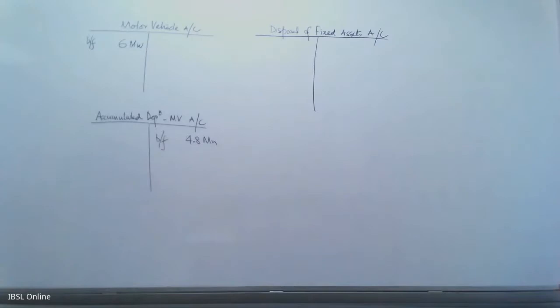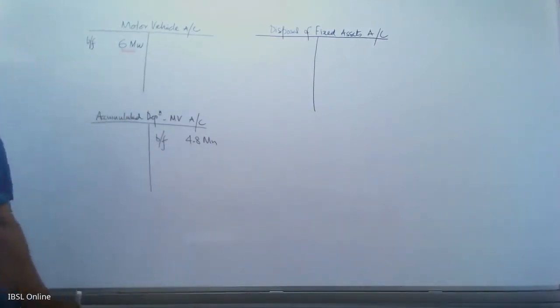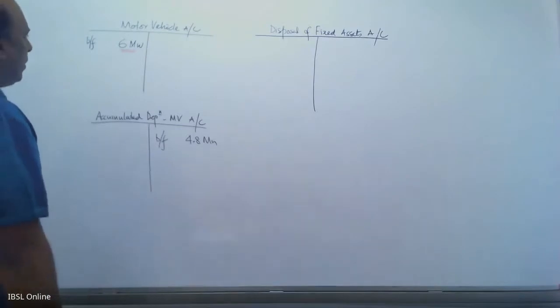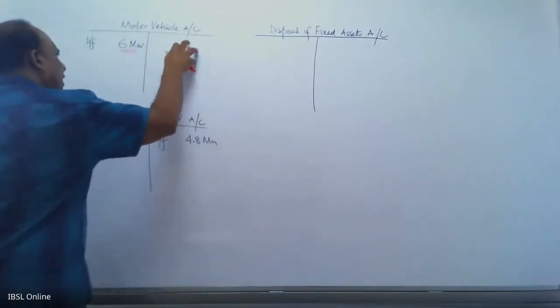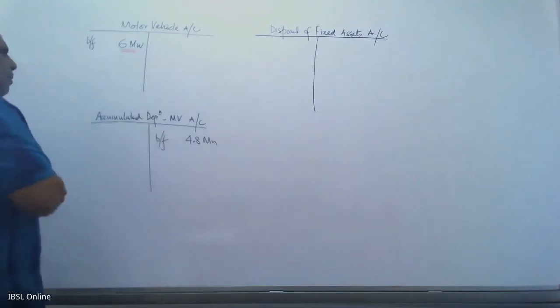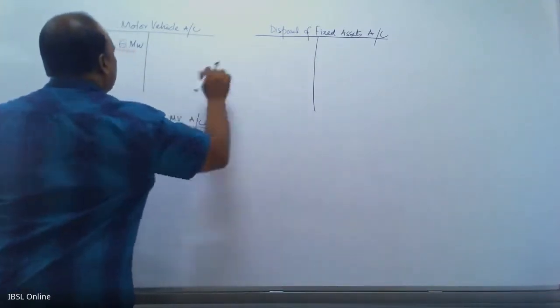So what is the first thing that we do? We want to remove this asset from the books, which means I have to remove this 6 million first. I will have to remove this 6 million from the motor vehicle account, which means I have to credit here. If I am to credit there, I am going to debit the disposal account.